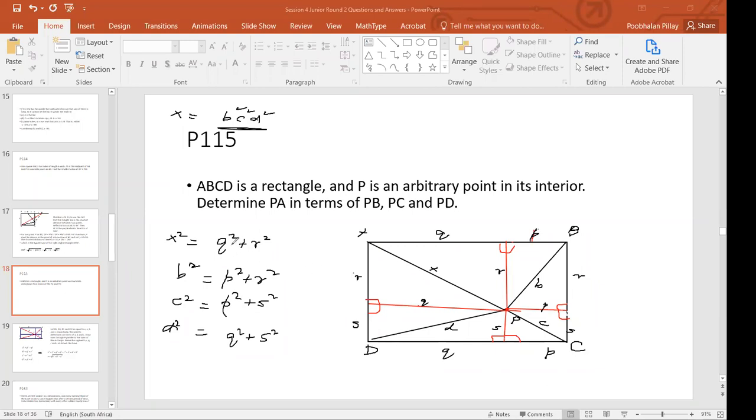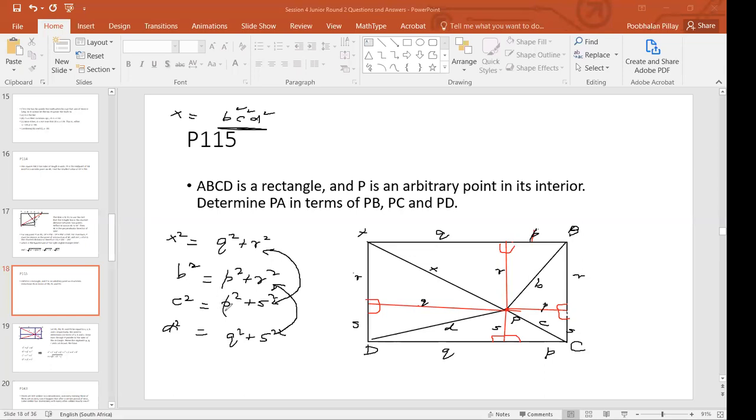You'll watch. You got Q squared plus R squared, and you got P squared plus S squared. Now, if you look at these two, you got the whole 4 of them. P squared, Q squared, R squared, S squared. So when I add these two, I got the whole 4. And likewise, if you add these two, again, you got P squared, Q squared, R squared, S squared.